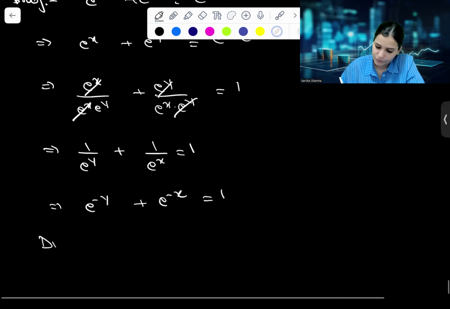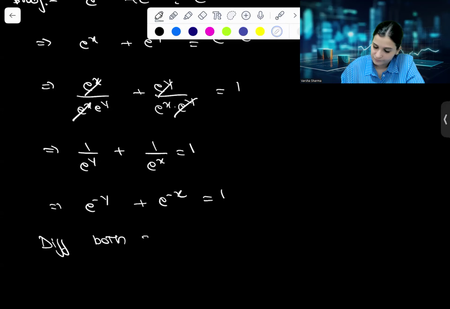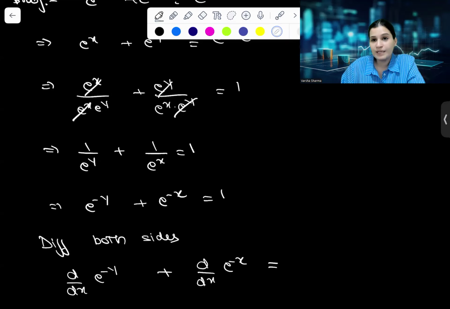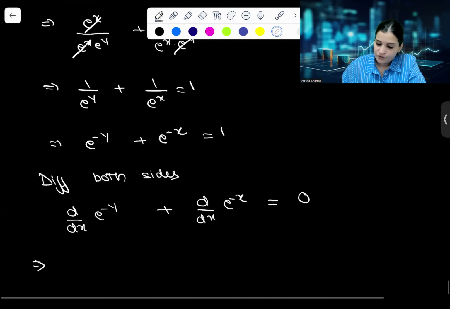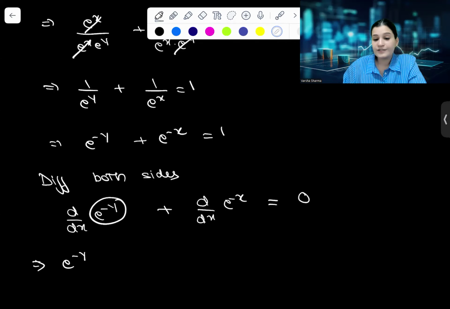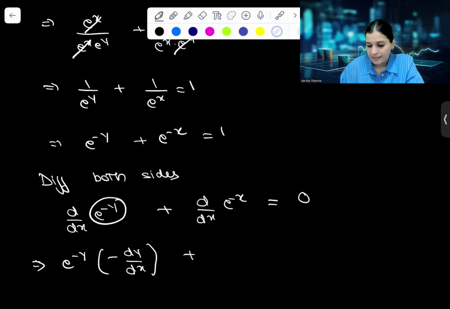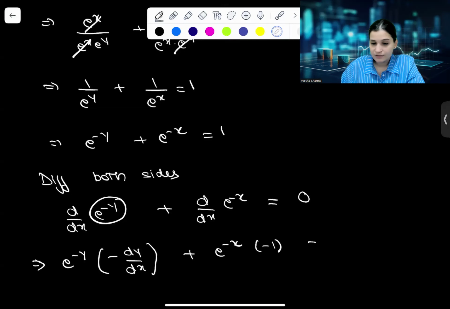Now we are going to differentiate both sides. So differentiation of e power minus y plus differentiation of e power minus x. Differentiation of 1 will be 0. So differentiation of this e^x is e^x, but instead of x, I have minus y. So I'll have minus dy by dx plus e^x is e^x, but instead of x, I have minus x, so minus 1 equals 0.